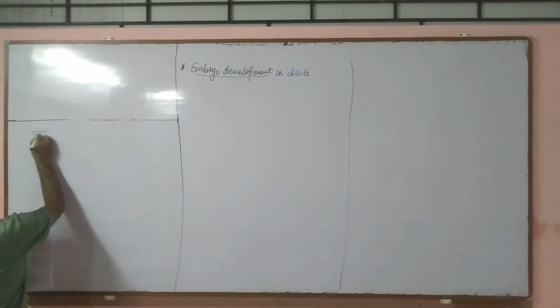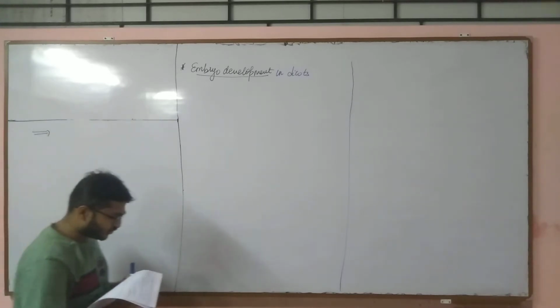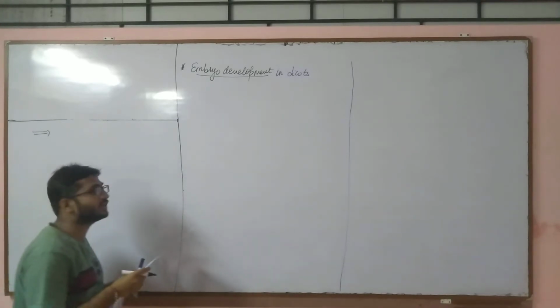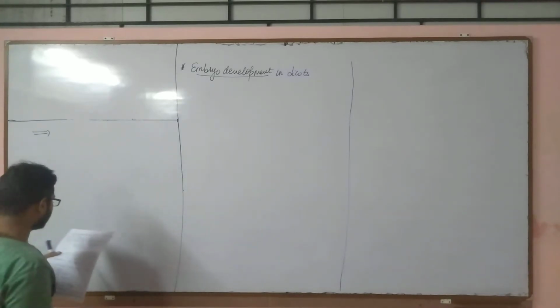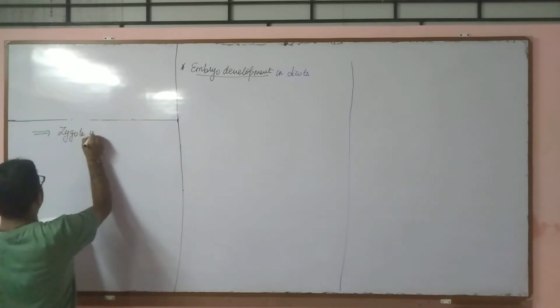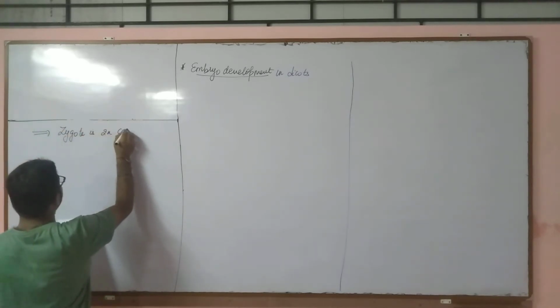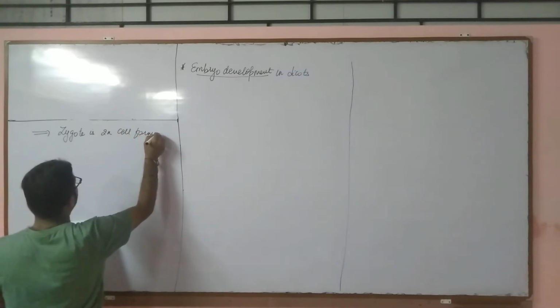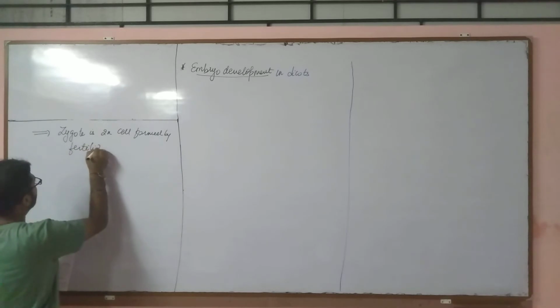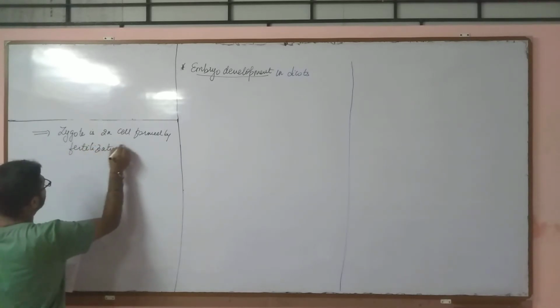We know that zygote is formed as a result of fertilization between male as well as female gamete. So zygote is diploid, a 2N cell formed by the fertilization process.